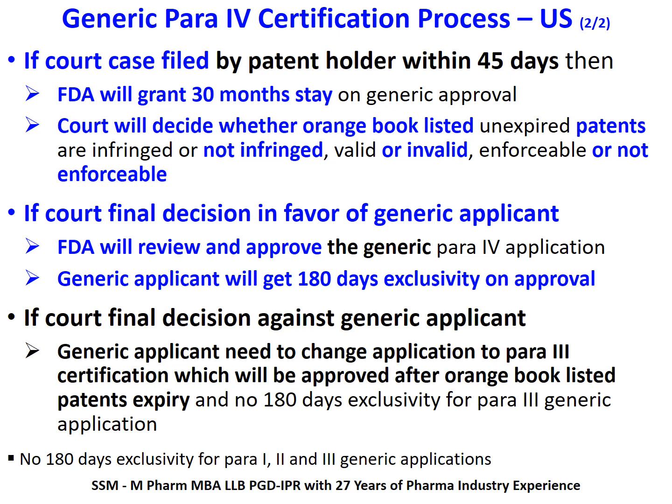Then the court will decide whether the Orange Book listed patents are infringed or not infringed, valid or invalid, enforceable or not enforceable. If the final court decision is in favor of the generic applicant, that is, the court says the generic applicant is not infringing the listed patent, or the listed patents are invalid or not enforceable, then the FDA will review the generic application and may approve it if all the data is submitted.